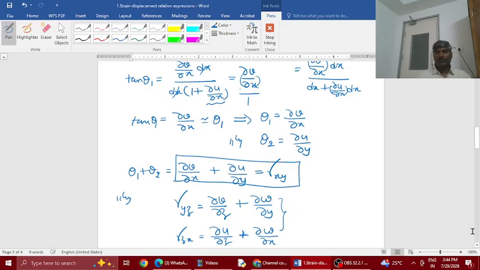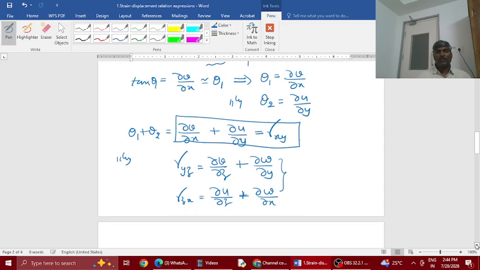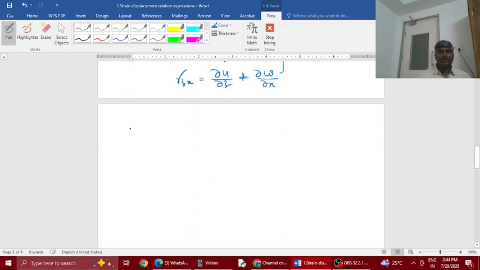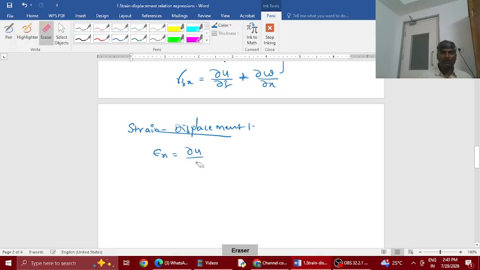So these are the relations. Okay. So now we have got a total of 6 strain displacement relations, both in normal as well as shear directions. Epsilon x is equal to dou u by dou x, epsilon y is dou v by dou y, epsilon z is dou w by dou z.